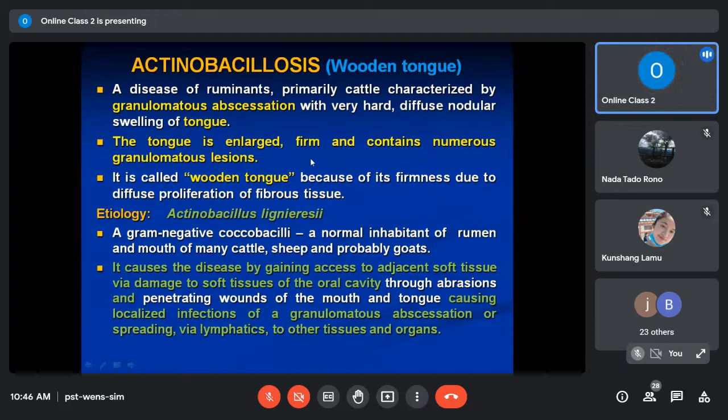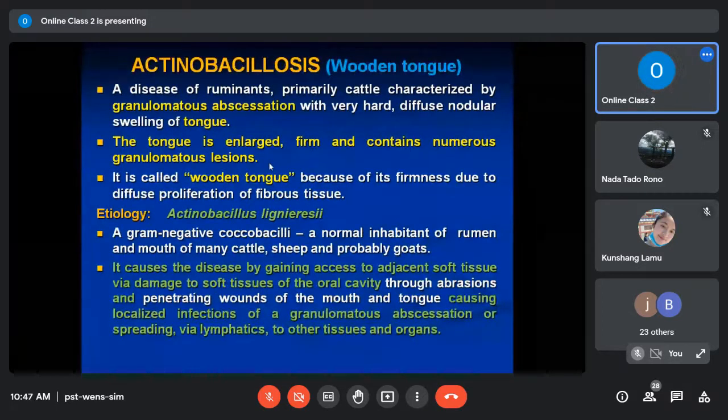If you examine it, the tongue is very much enlarged, firm, and may contain many granulomatous, hard, nodular lesions, or chronic abscesses.